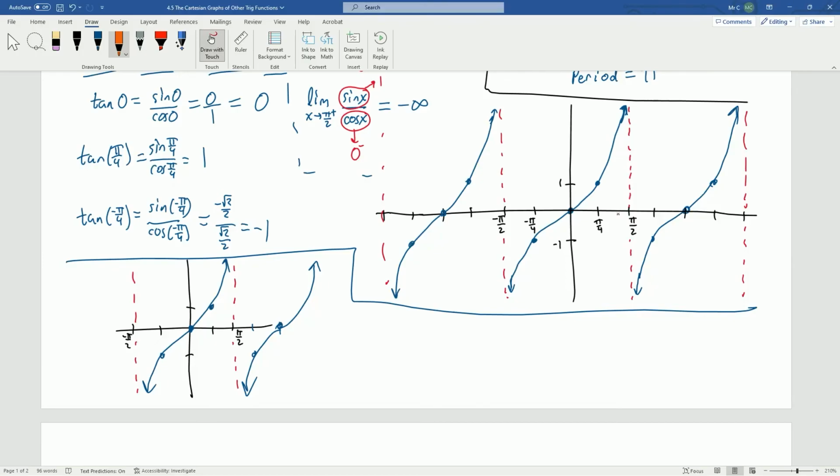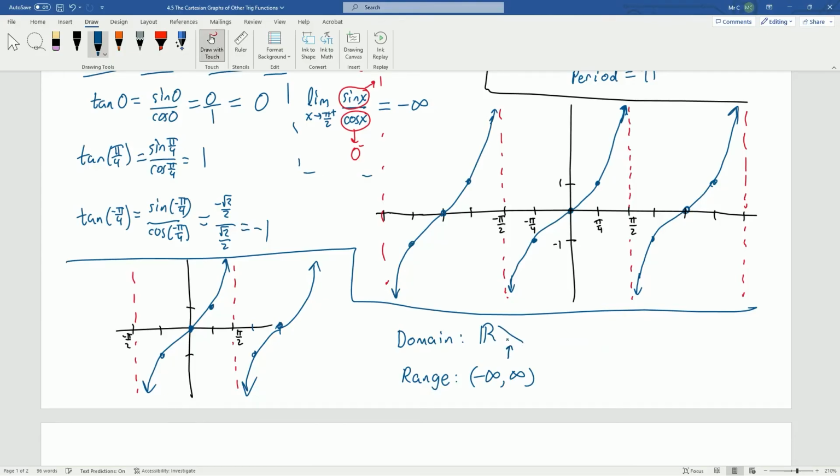So notice when we looked at the graph for tangent of x, the range is negative infinity to infinity, right? We can get any output possible for tangent. And the domain, that's a little different. One of the ways we might denote the domain here is all reals except.